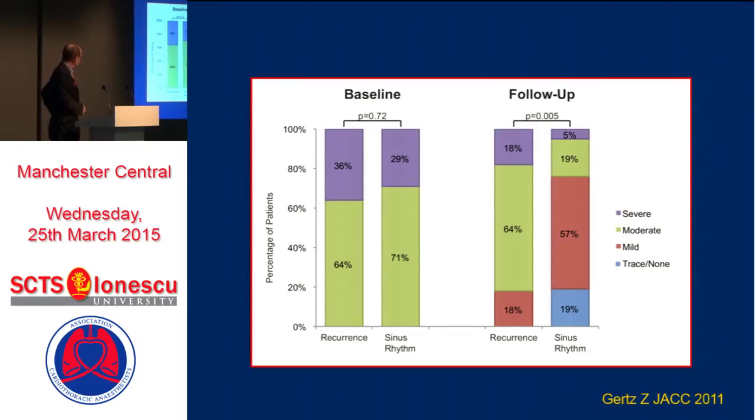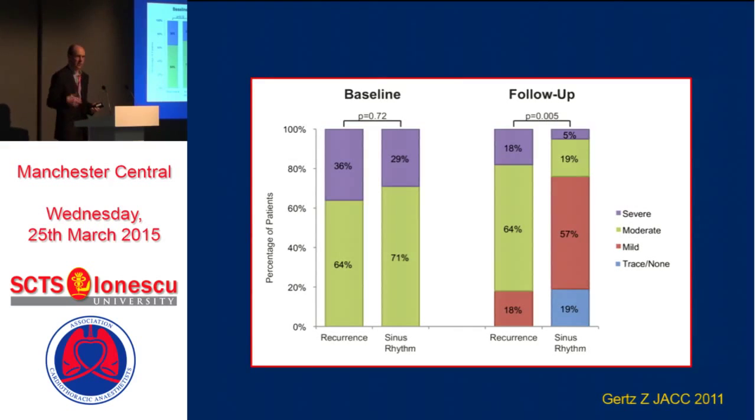And if you look at those individuals who eventually had permanent restoration of sinus rhythm, and those who recurred AF, pre-procedure, there's precious little difference in the degree of mitral regurgitation. This is trace or none, this is moderate, between these two groups. If you then look at them post-ablation, those who had recurrence and those who stayed in sinus rhythm, those who stayed in sinus rhythm had a lot less mitral regurgitation than those whose AF recurred.